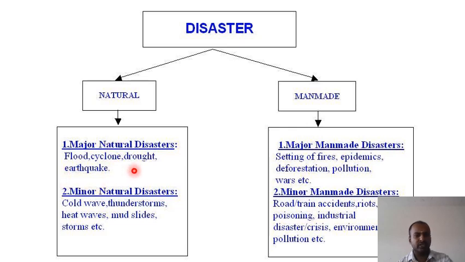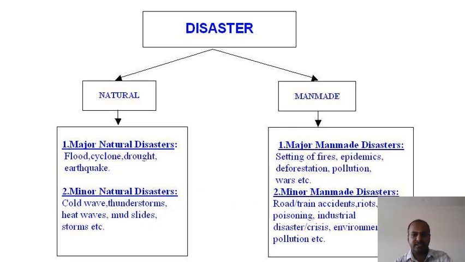Also cyclone and drought: if no rain falls in a particular time period, drought will occur. So these are disasters at all times. That is called a major natural disaster. The minor natural disasters are cold wave, thunderstorms, heat waves, mudslide, and storms, etc.